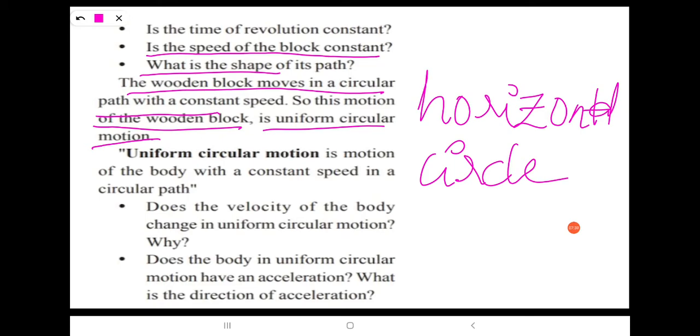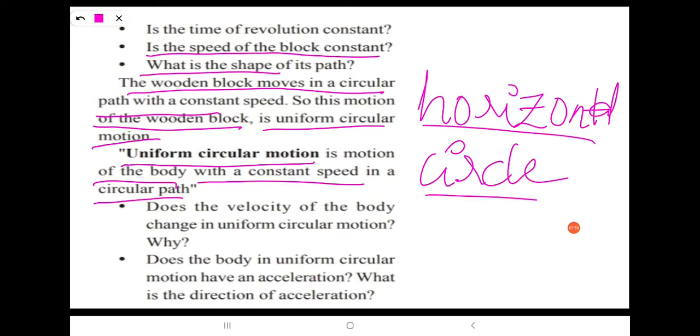Simply, we can say that uniform circular motion is motion of a body with constant speed in a circular path.